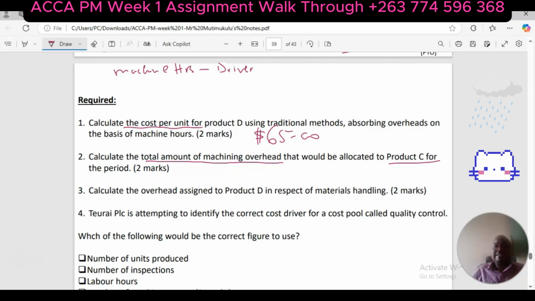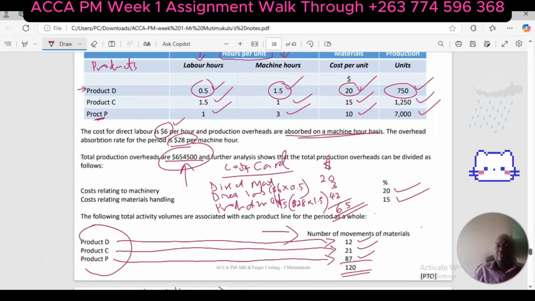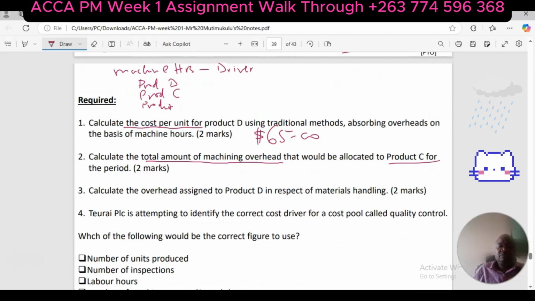So what was the total hours utilized? We come up with our table. We've got product D, product C, and the other product, product P.